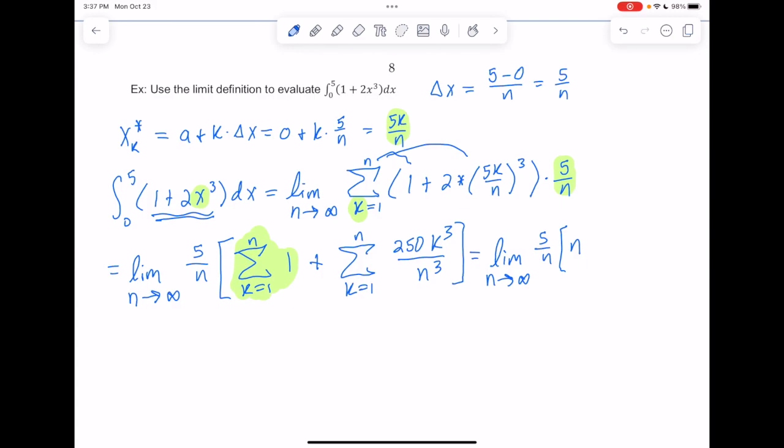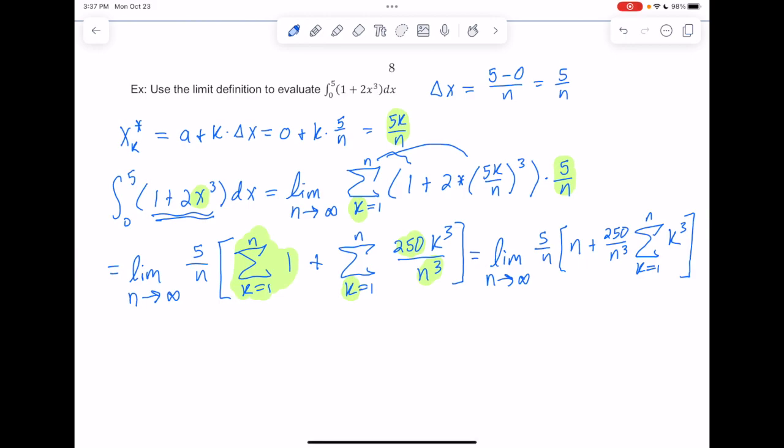And then on the next one, I'm going to factor out all of the non-k values. So k is our variable, so I can factor out the 250 and the n cubed. So I'm going to do that. So we have 250 over n cubed times the sum as k goes from 1 to n of k cubed.